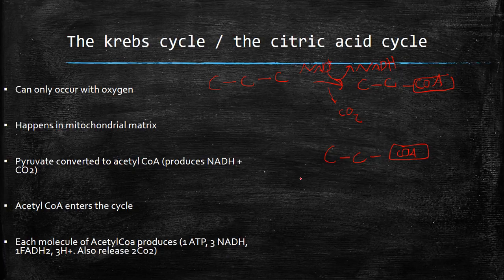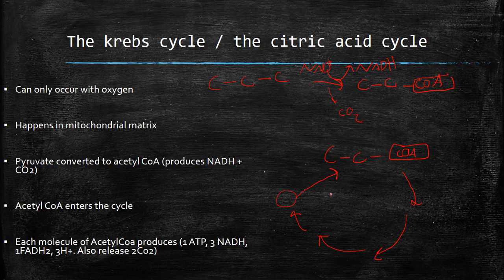So basically it fuses with some sort of molecule, and then it goes through a whole bunch of reactions, which end up in the reproduction of this oxaloacetic acid. So then the next molecule of acetyl-CoA can come in and the cycle can repeat. That's why it's called a cycle, because the substrate here is regenerated at the end of the series of reactions.